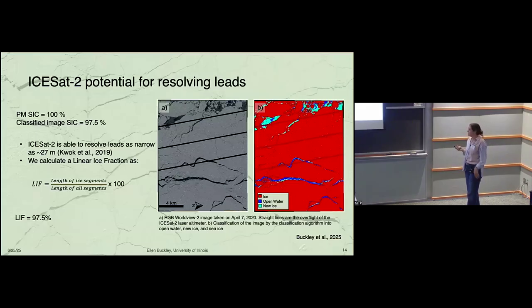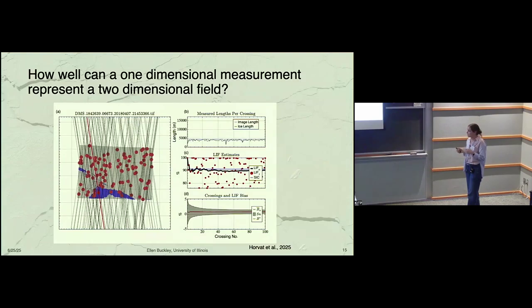one image. We've built an emulator to look at how ICESat-2 samples a two-dimensional image and are able to understand how many crosses across an image we need to get a good understanding of what the sea ice concentration of this area is.